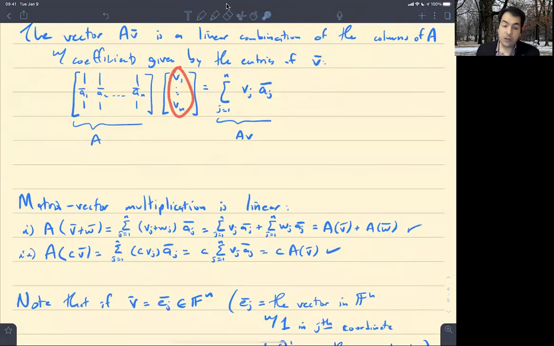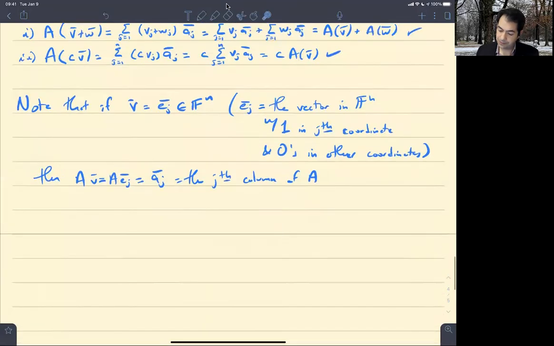If all of these numbers are 0, except for one of them, and that one is the jth one, or let's say here, since I'm using j to count, let's say it's the kth one, then in this sum, the only one of these terms that survives is when this Vj is the kth one, right? All the other ones are 0, and you just end up with Vk Ak. But Vk is just the number 1, and so you just end up with the column Ak, right?